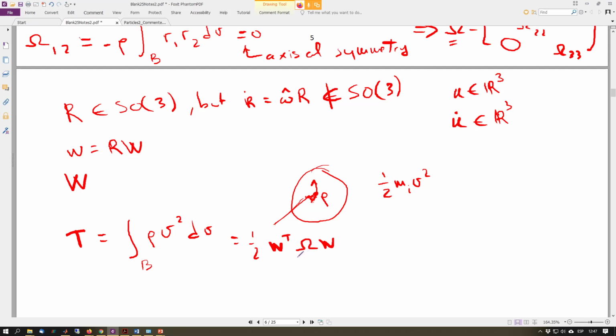Then we will have this velocity, so we have the same units as a mass multiplied by velocity squared. W doesn't have units per se, but talking about units it will be radians per second, so second to the minus 1.